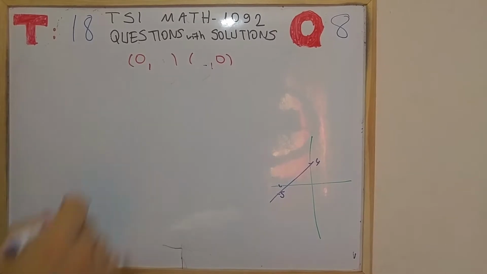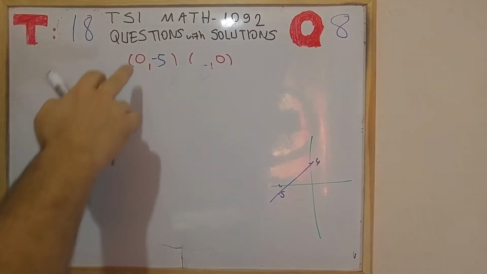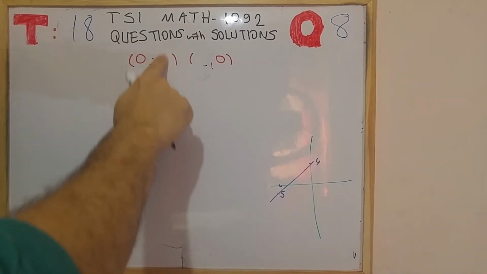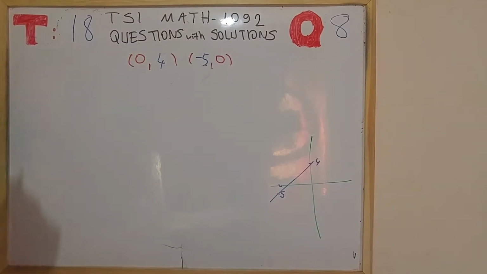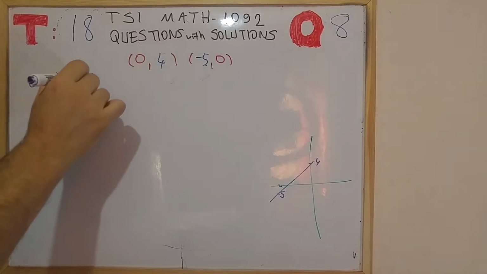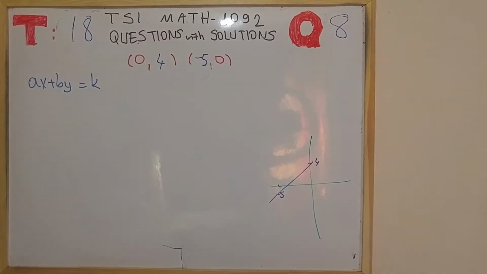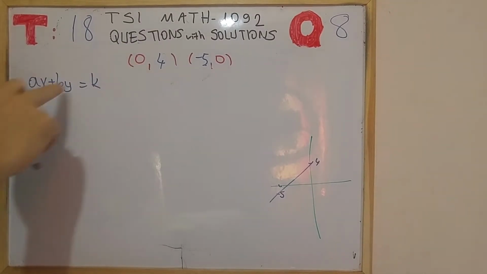We know the 2 points that intercept the axes, that is 0, 4 and minus 5, 0. This function is something like ax plus by is equal to a constant value of k. Now what I have is, for x is equal to 0, y must be 4.